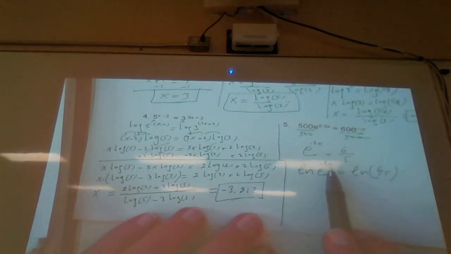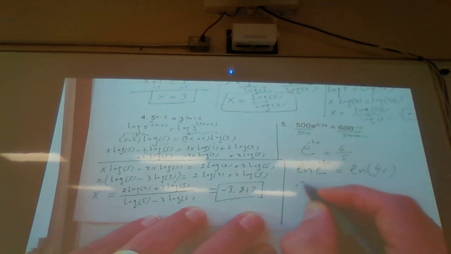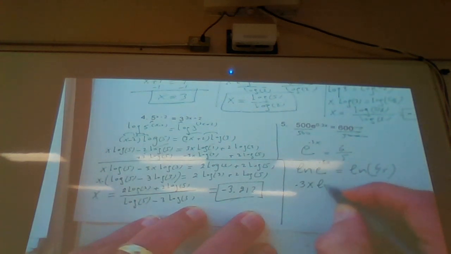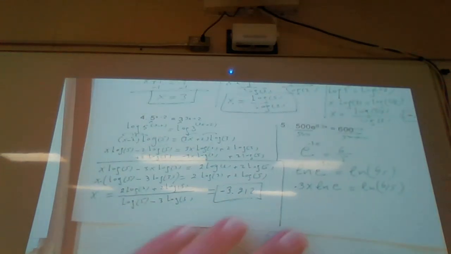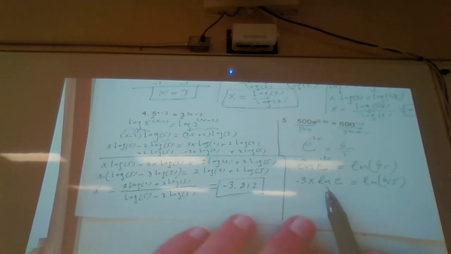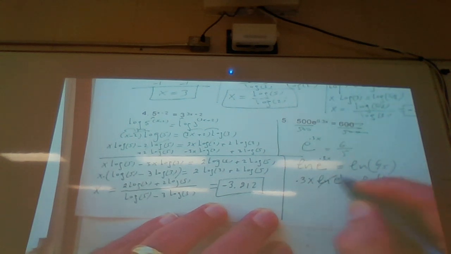Again, I'm solving for x. X is a power, so I'll bring this one down. If you don't know it, you should remember this: the natural log of e, because this is base e, e to the 1, is 1.